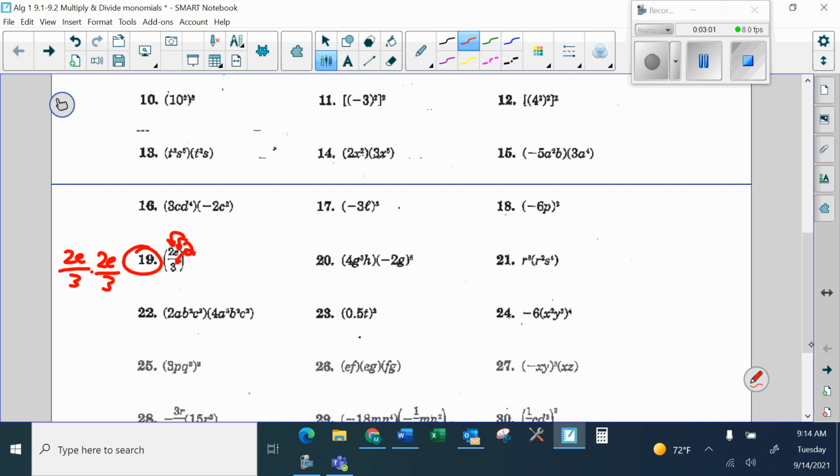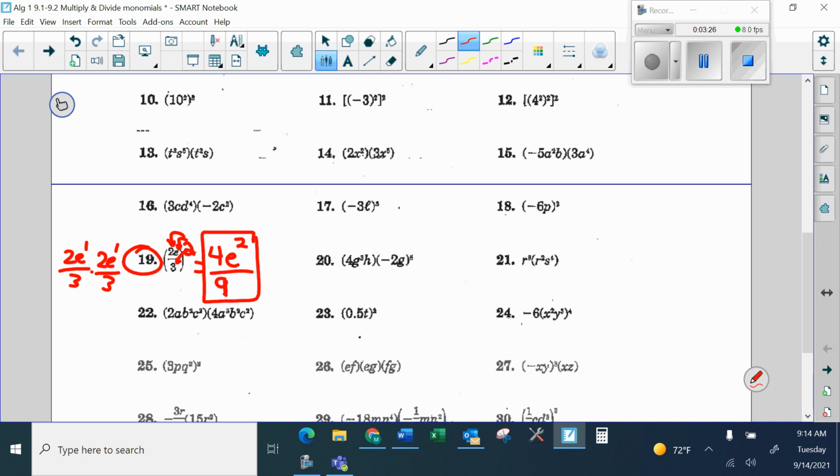So you can either do it like that or write it out, 2e over 3 times 2e over 3, and then multiply those together. In the numerator, 2 times 2 is 4. We have an e for the base. Remember, that exponent is 1 and that exponent is 1 when there's nothing there. What's 1 plus 1? 2. And then in the denominator, we have 3 times 3 is 9. Nothing simplifies. Otherwise, we would have to do that.